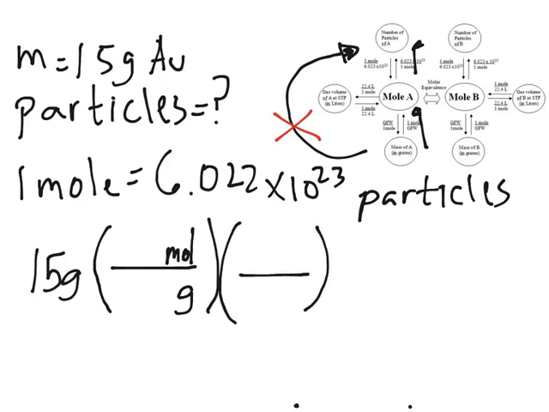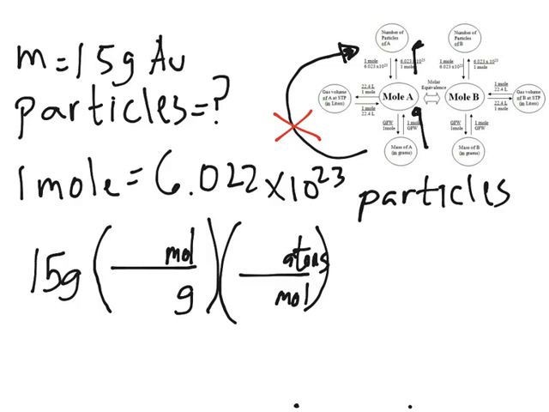Our given unit now will be moles, so we write moles here again, and the desired unit this time is particles. Particles or atoms, they're the same. Because atoms is short, I'm going to write that. What we get will be in atoms, which is the unit we want.